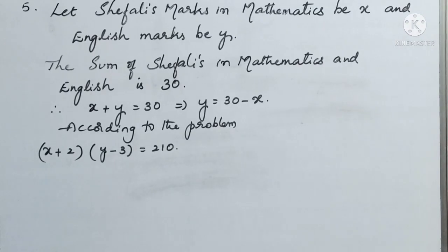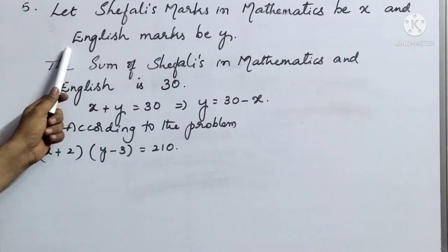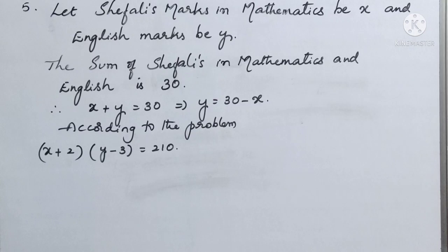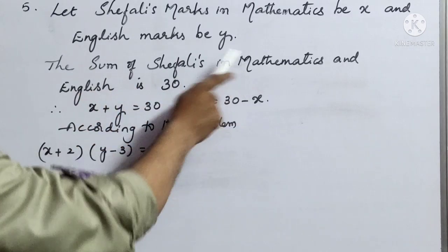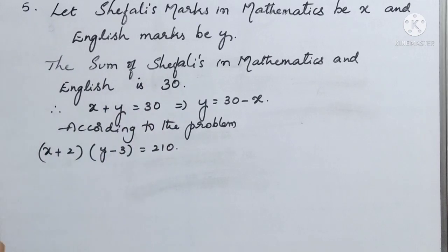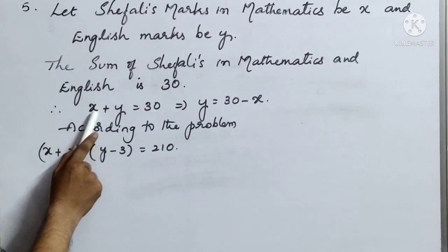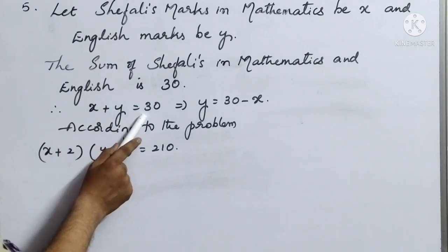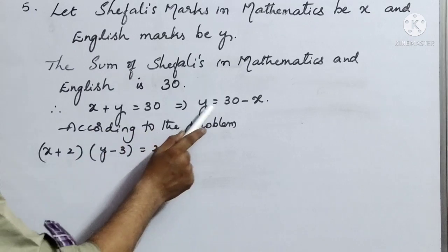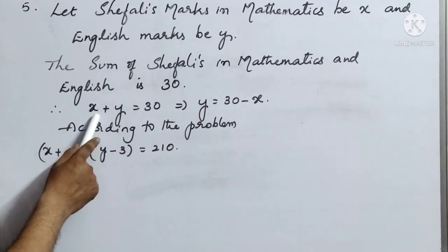Okay children, see here, I have taken Shefali's marks in mathematics as x and English marks as y. What he has given is that the sum of her marks in mathematics and English together is 30. As we have taken mathematics as x and English marks as y, I wrote x plus y equals 30. From this, y equals 30 minus x. If you want, you can write x also, no problem.